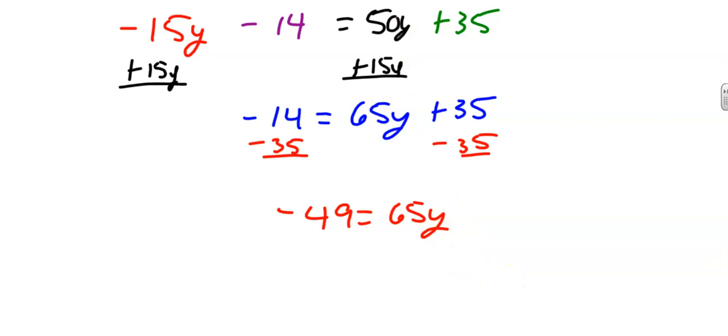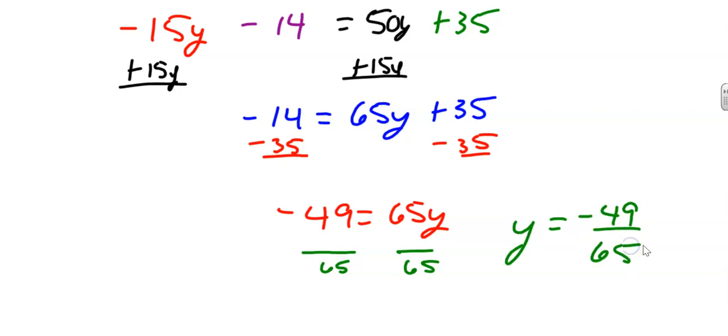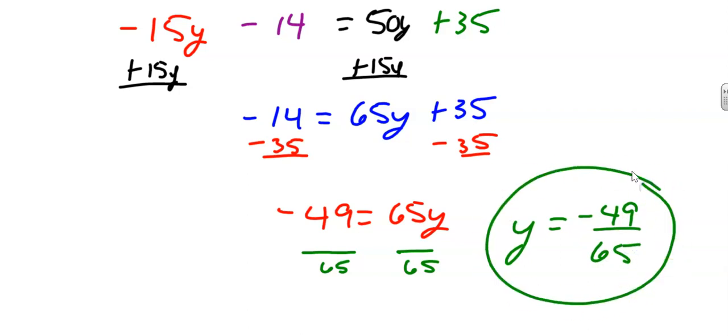And then to get the y by itself, just divide everything by 65. Okay, and for that one, the only thing you can divide 49 by is 7. 7 doesn't go into 65, so for that fraction answer, it doesn't simplify, so that's your final answer for that part.